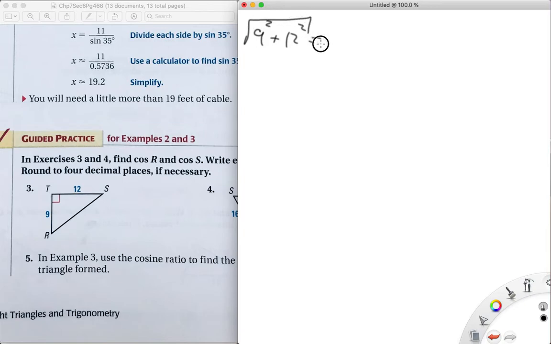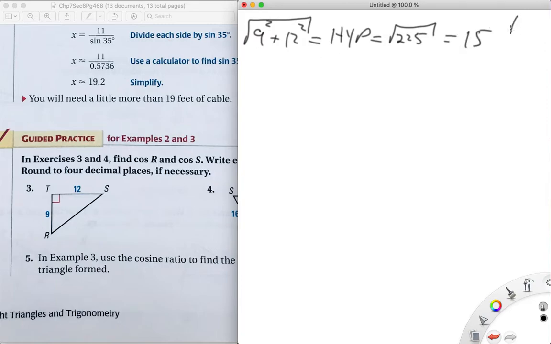That's going to give us our hypotenuse, which is the square root of 225, which is 15. So that's our hypotenuse. That's part 1.